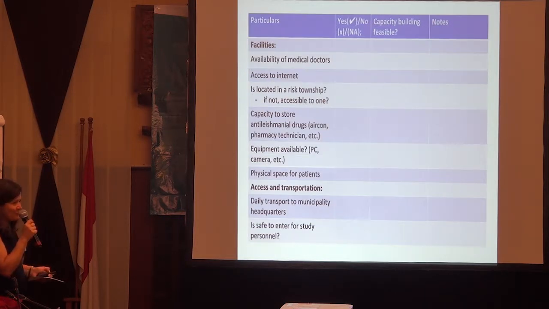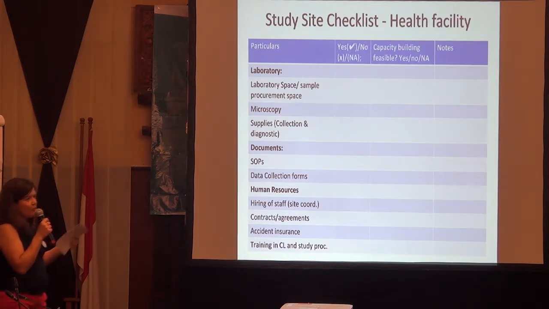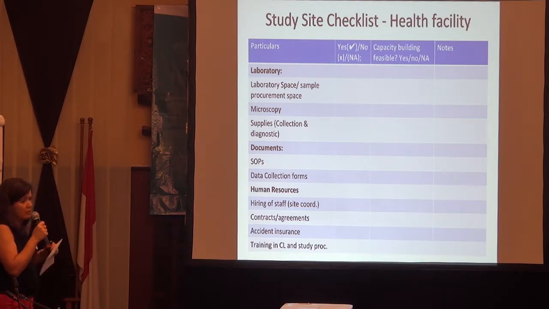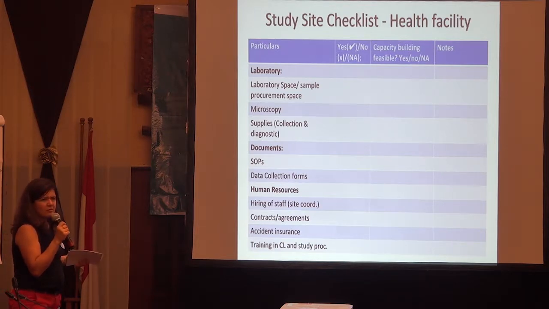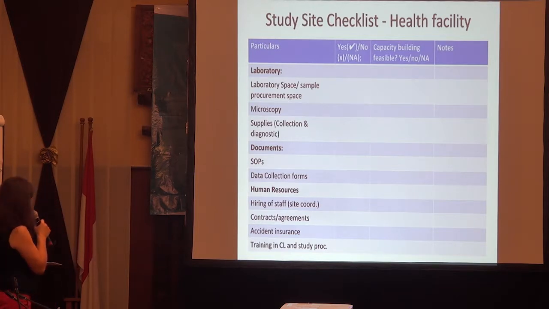One important thing is that this table is only one example of a checklist specifically for health facilities, because we will have other lists with other capacities in our own institution and probably in the townships and the villages.